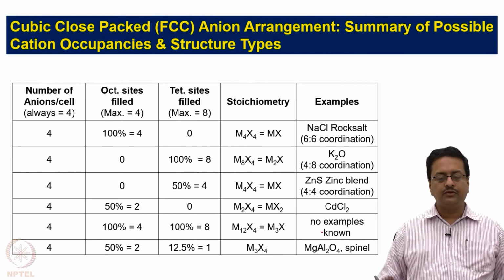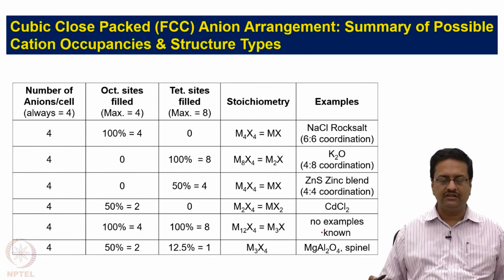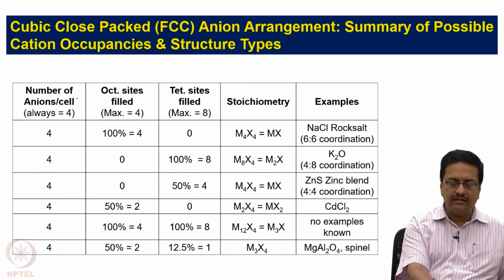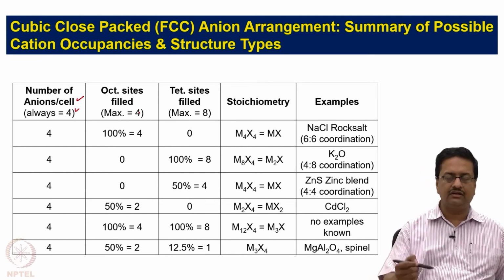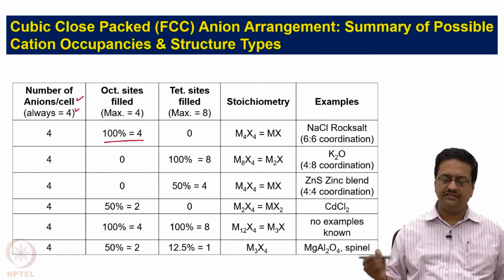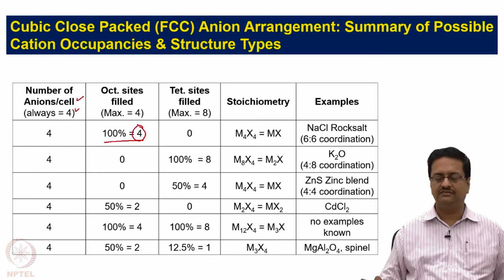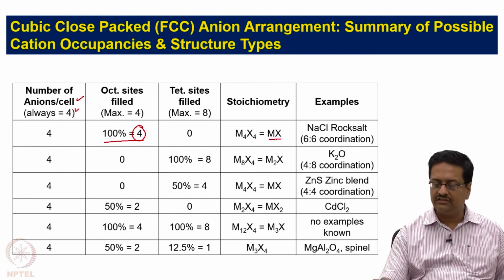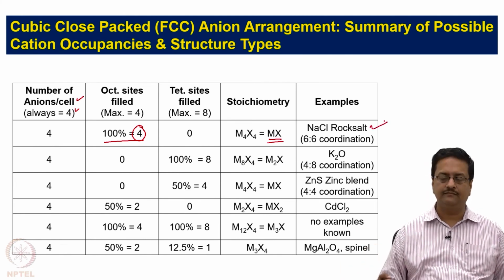In the case of cubic close packed structures, the FCC structures, the anion arrangements and the summary of possible cations is listed here. The number of anions per unit cell is always 4. If we fill all the octahedral sites, that means 100% of octahedral sites are filled, you have 4 cations as well. Then the stoichiometry turns out to be MX, and the example is the sodium chloride structure.